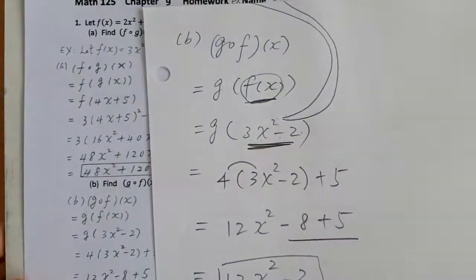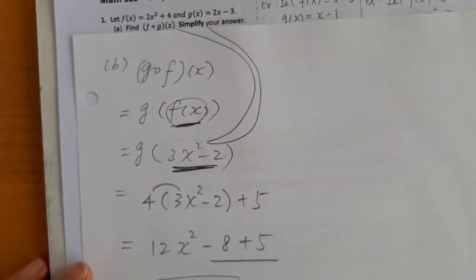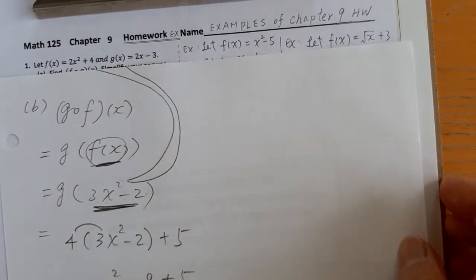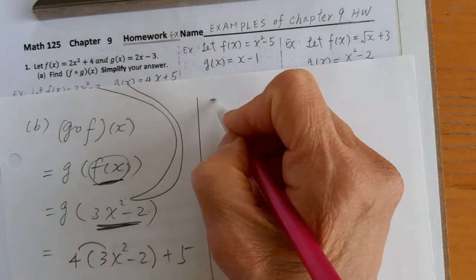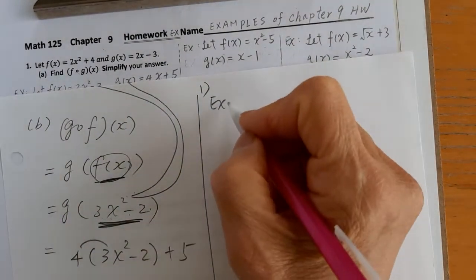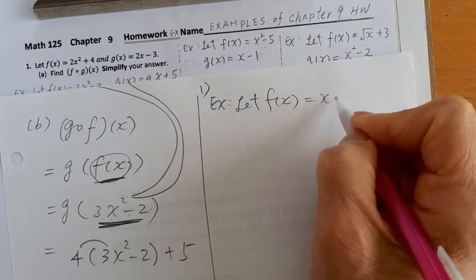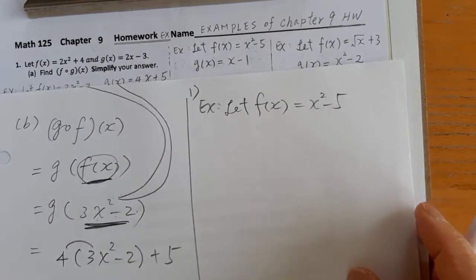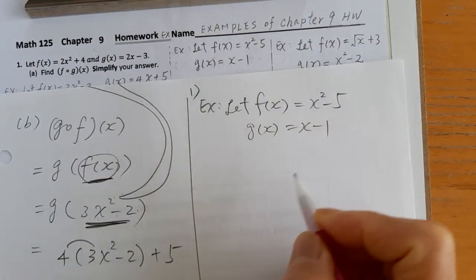Another example, let's see this example. Let f of x equal x squared minus 5, and g of x equal x minus 1.